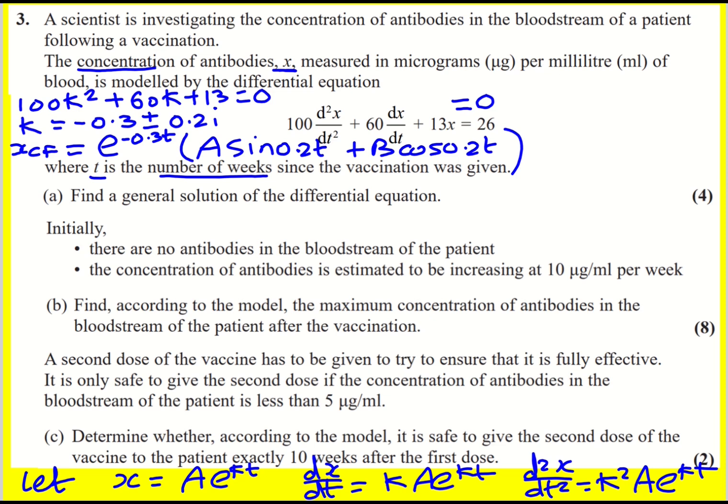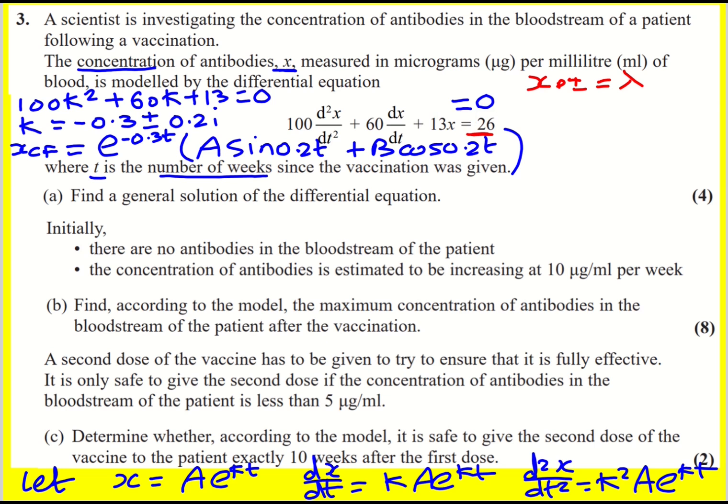Now for the particular integral, we want to get it equal to 26. So I'm going to let x particular integral just be a constant, lambda. If you have any function of t in there, then when you equate it, you're going to get a function of t, and when you equate coefficients, you get 0.